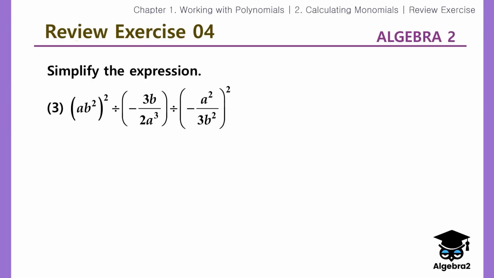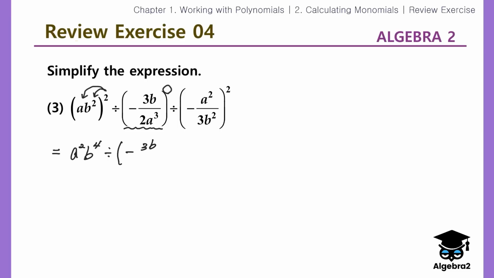Okay, number 3. Let's remove these parentheses. So number 3 is equal to a squared b to the power of 4. And we can just leave this expression because we don't have any power here, right? The exponent is just 1. So leave this one alone.